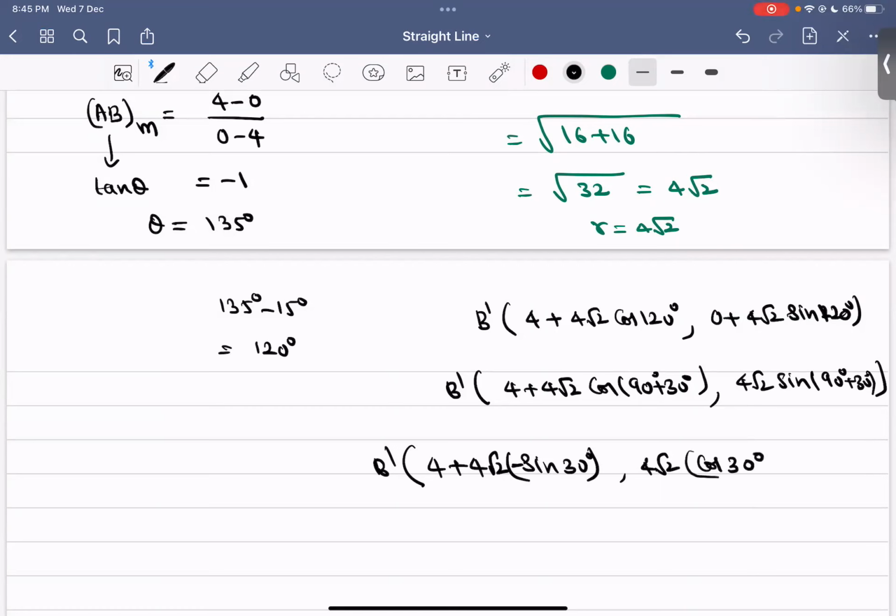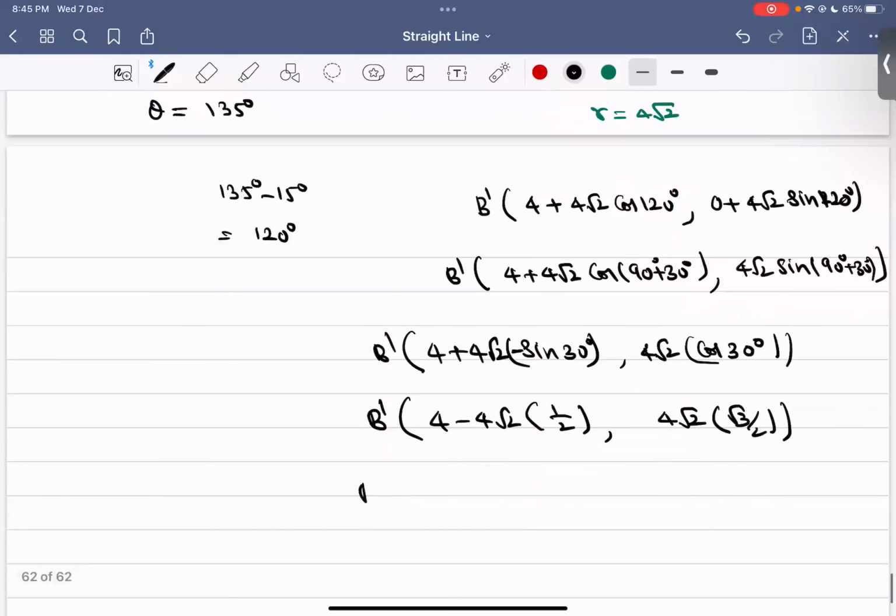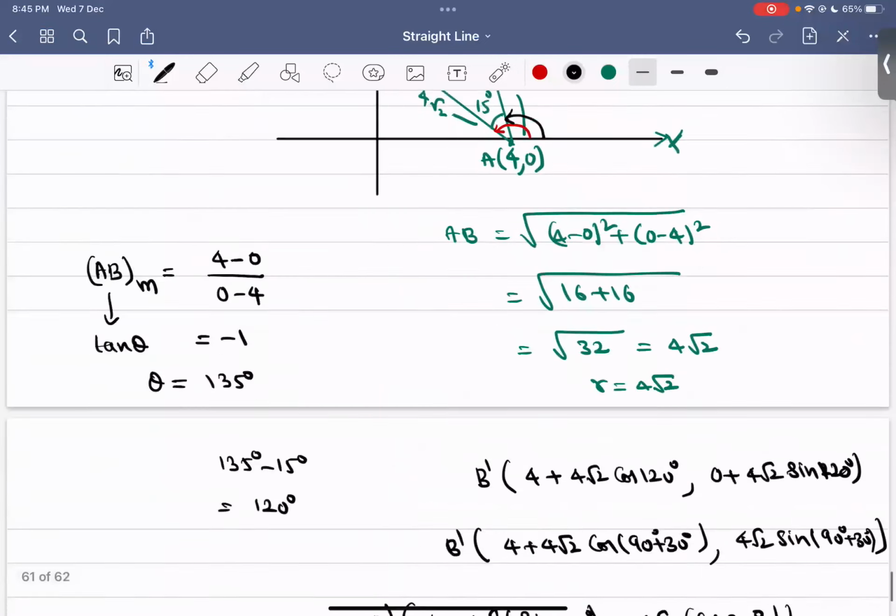Therefore, B dash is 4 minus 4 root 2 times sin 30, which is 1 by 2, and 4 root 2 times cos 30, which is root 3 by 2. So B prime is (4 minus 2 root 2, 2 root 6). These are the coordinates of the new position of the toy, B dash.